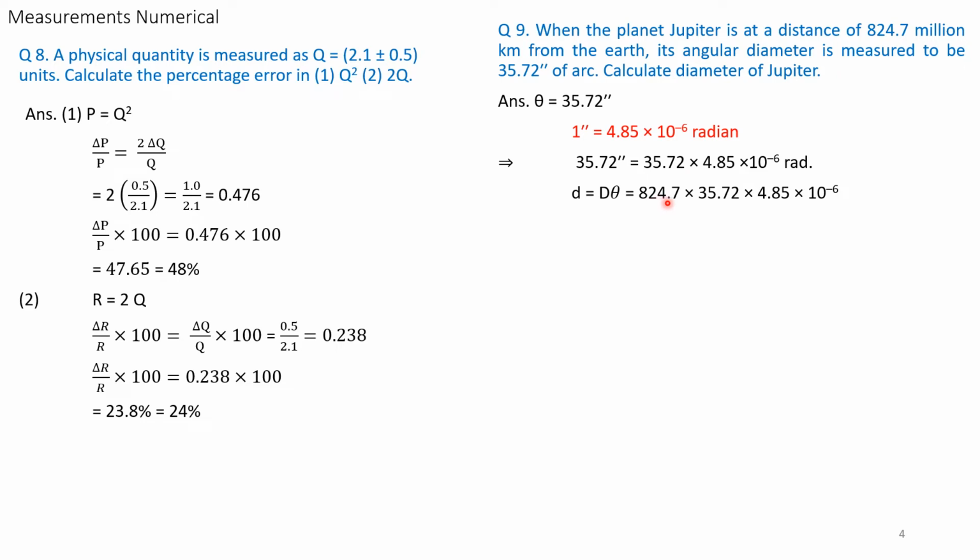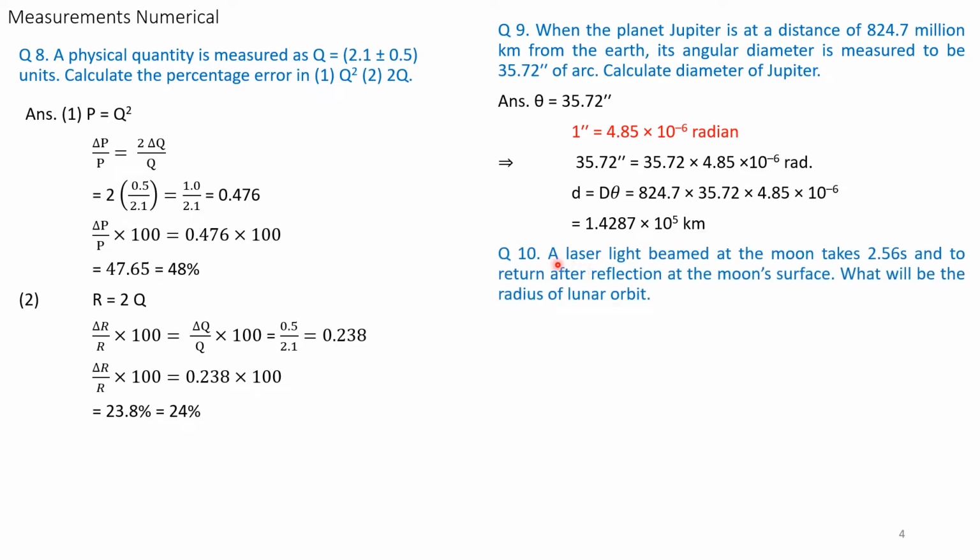Therefore, d is 824.7 into theta, which is 35.72 into 4.85 into 10 to the power of minus 6 radians. That is the right hand side of the previous equation. Simplifying, we get 1.4287 into 10 to the power of 5 kilometers, converting million kilometers into kilometers.